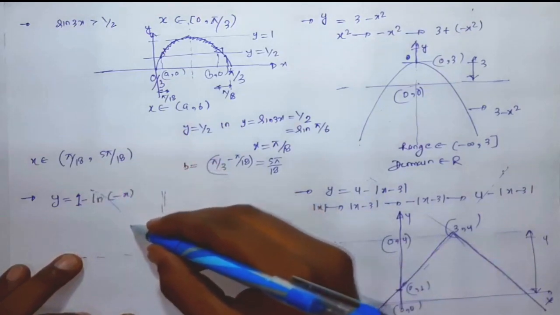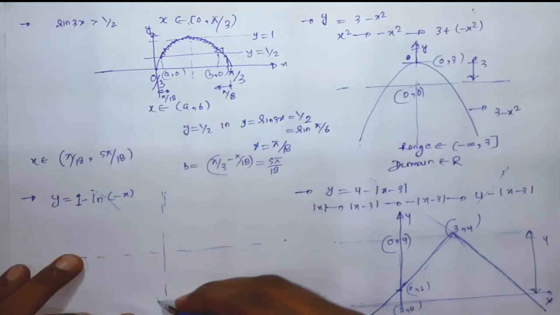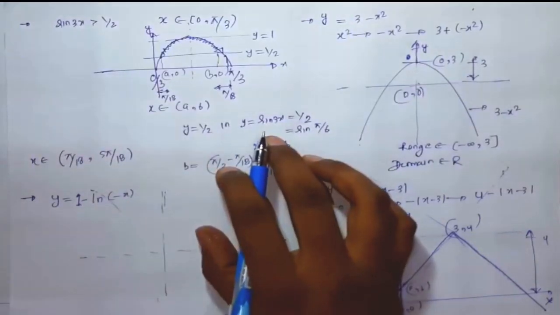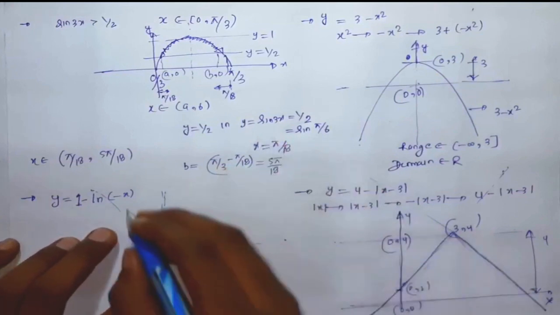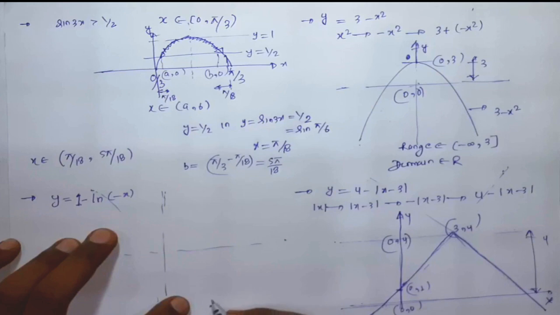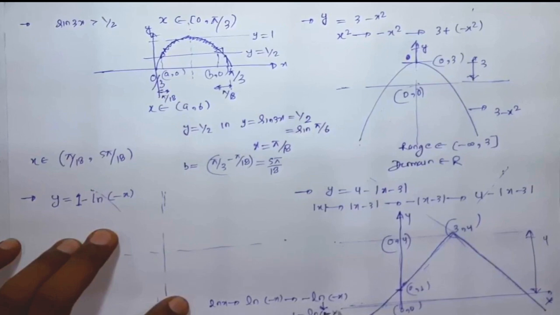Now we are going to take the negative sign, that is minus of ln of minus x. I'm going to put the steps one by one. First we will draw ln x, then ln of minus x, then minus of ln of minus x, then 1 minus ln of minus x. Sorry, this is minus x actually.